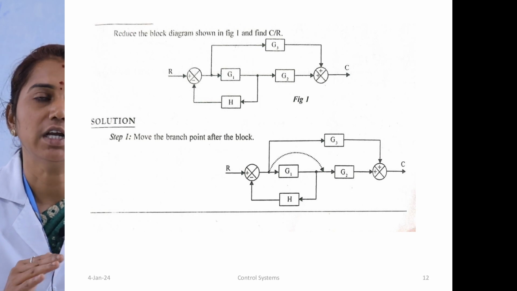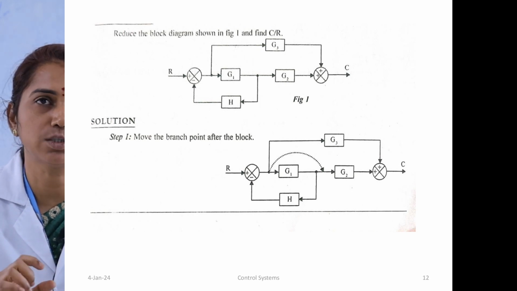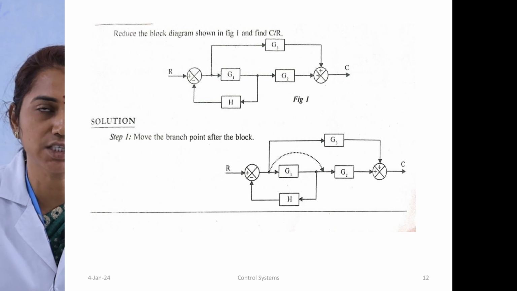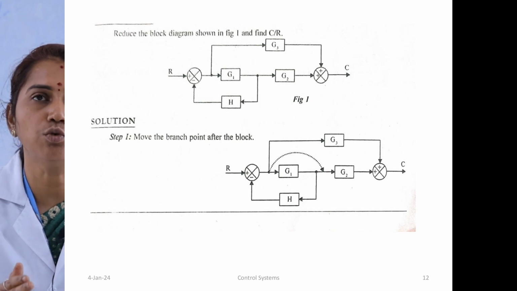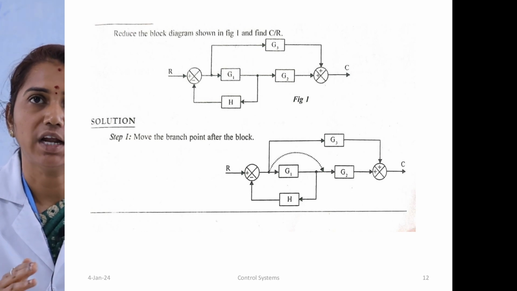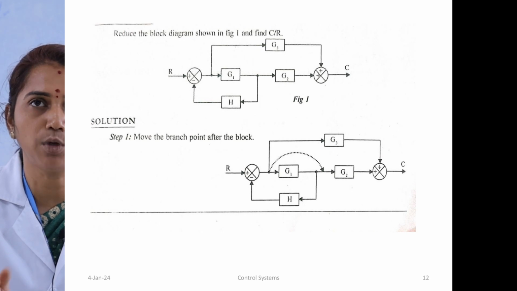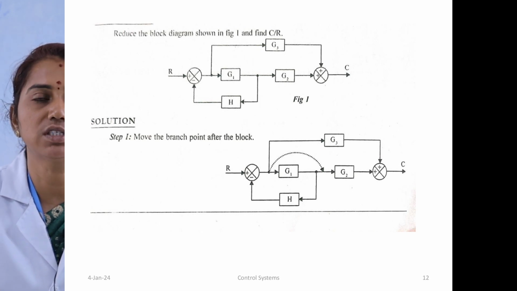So we are giving one input to the summing point, next the first block G1 with the feedback H1. Next we have moved the branch point. So the branch point value has been given as 1 by G1. Next it is 1 by G2. And that has been given to the next block G3 and then it has been given to the summing point.